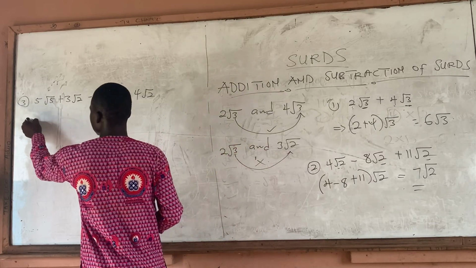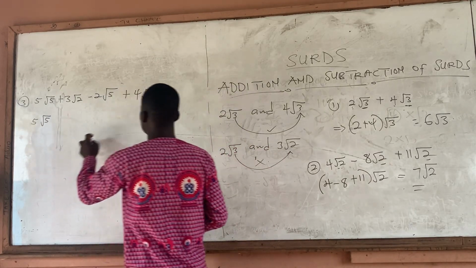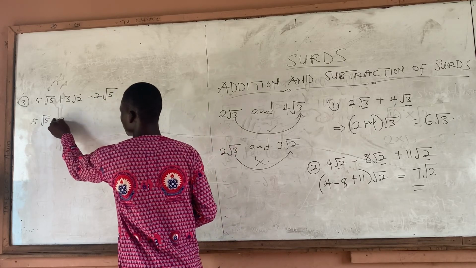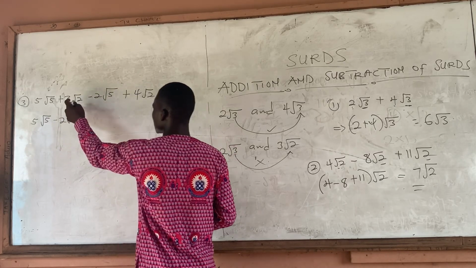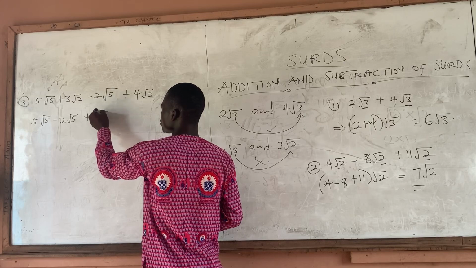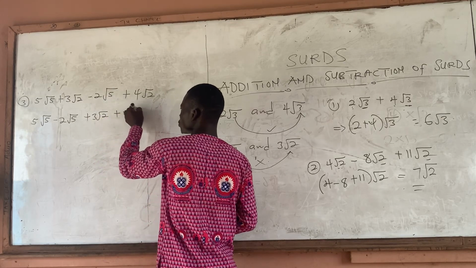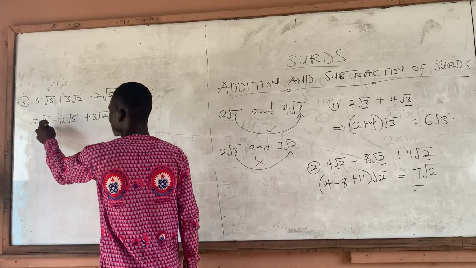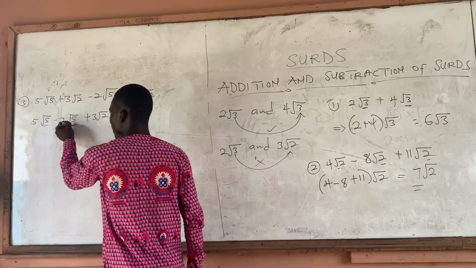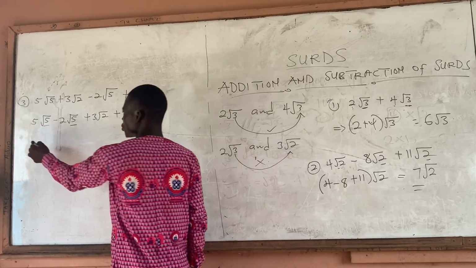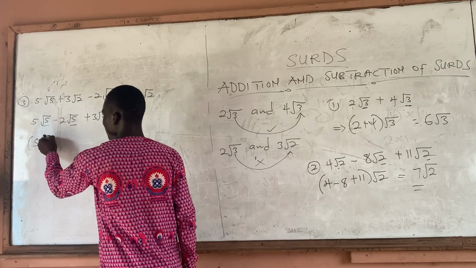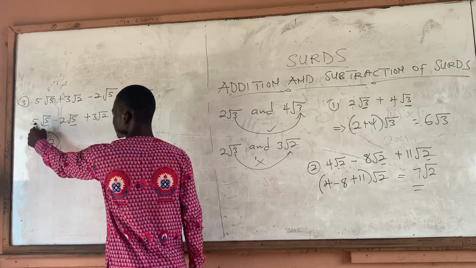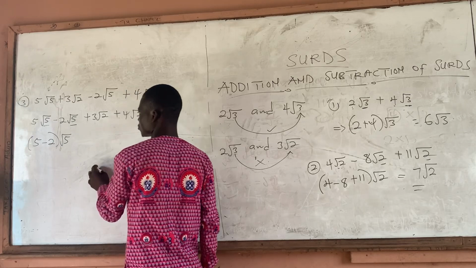So we have 5 root 5. Let's check another root 5, here, that's minus 2 root 5. Now let's group the root 2: 3 root 2 plus 4 root 2. Since the first two terms have the same root 5, we can perform the operation 5 minus 2, that is the constants, and choose one of the roots.